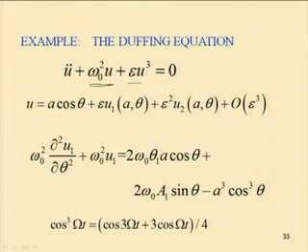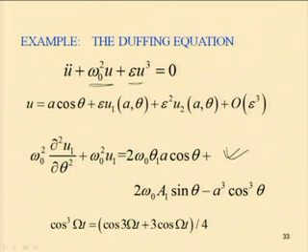Now, for the term epsilon u cube, one can cube this term. It can follow the form of a plus b plus c whole cube. So, one can find the cube of this term, and by expanding this and then separating the order of epsilon, one can get the first equation.